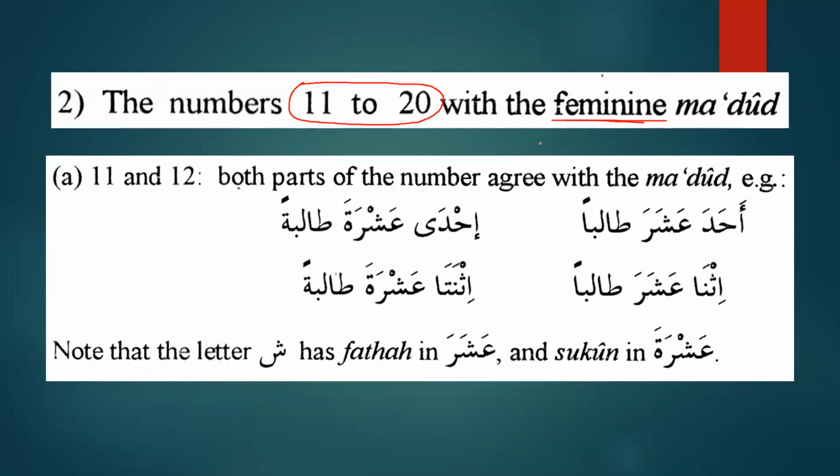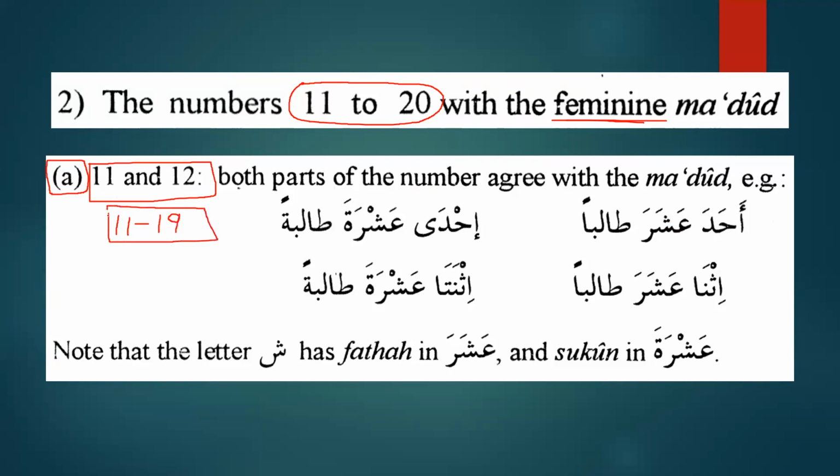So when we talk about the categories that we have learned, the first category is A, numbers from 11 to 12. And for numbers from 11 to 12, as we know, both parts of the number agree with the ma'dud. In fact, from 11 to 19, sorry, they are compound numbers.